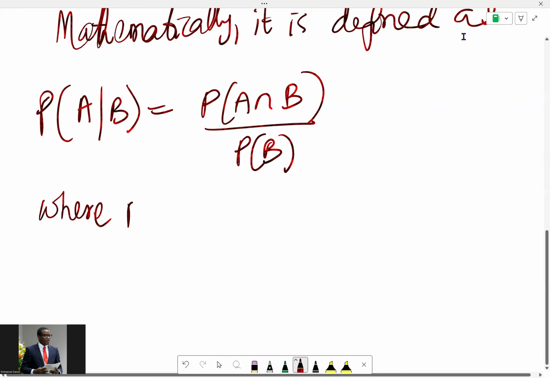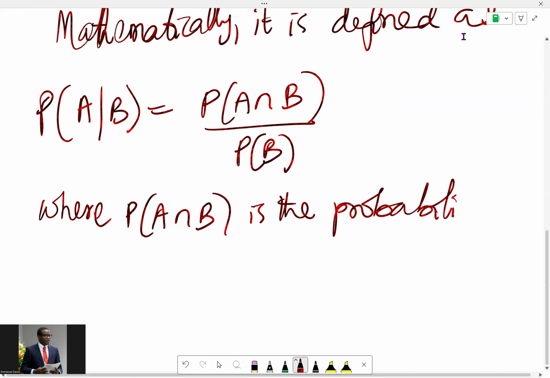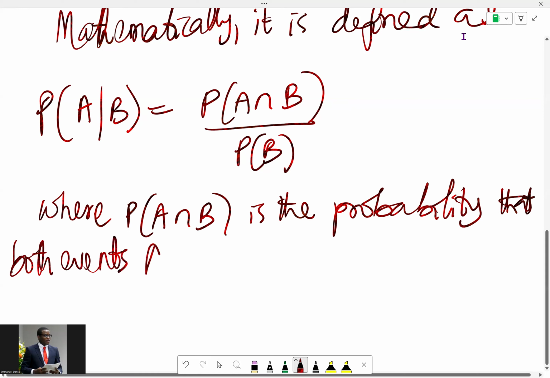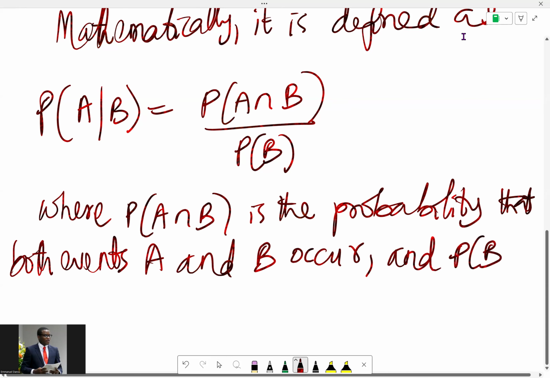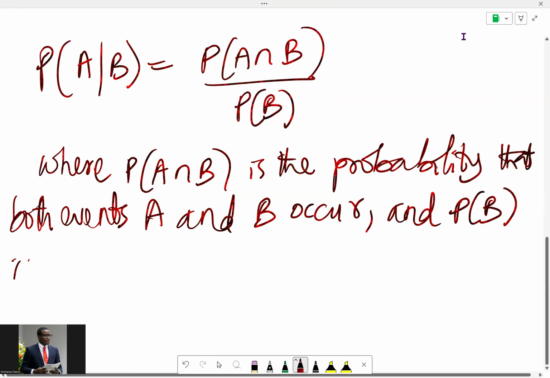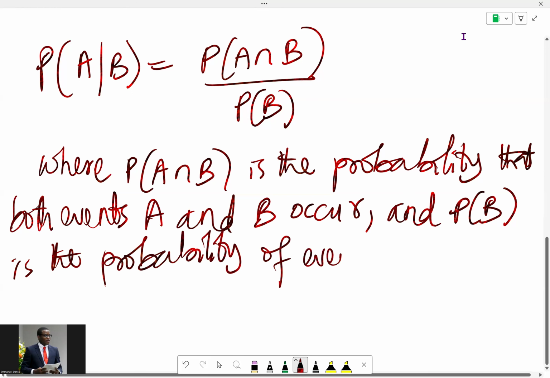Where P of A intersection B is the probability that both events A and B occur, and P of B is the probability of event B occurring.